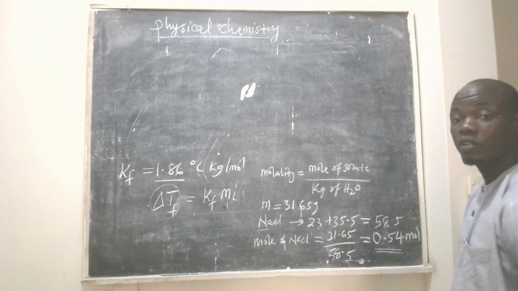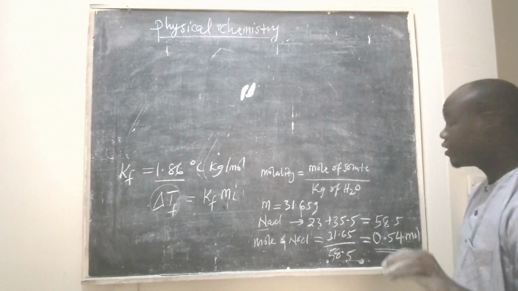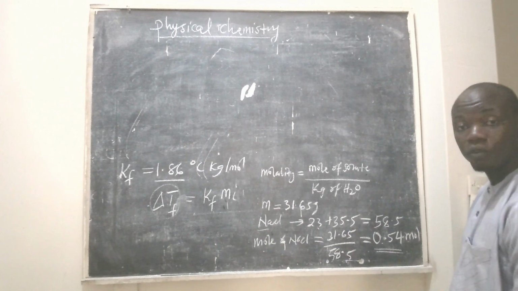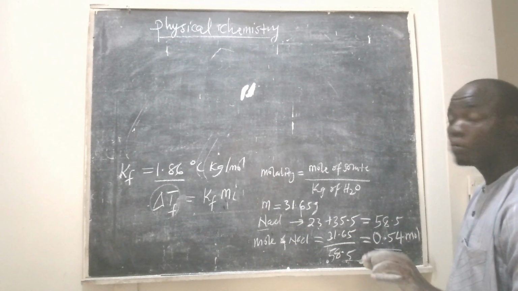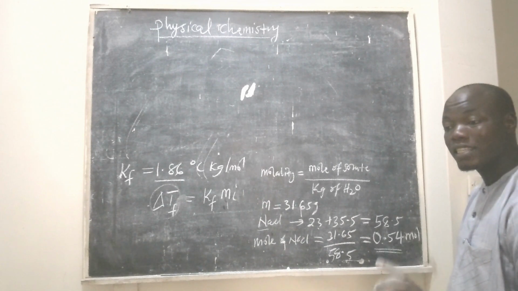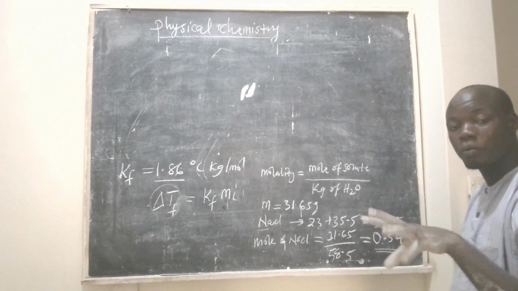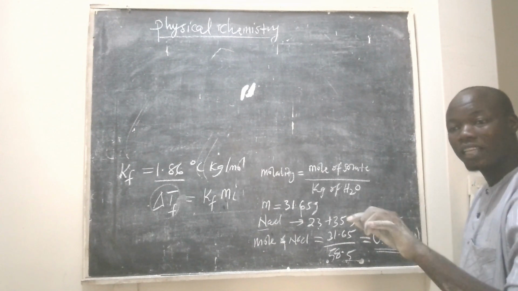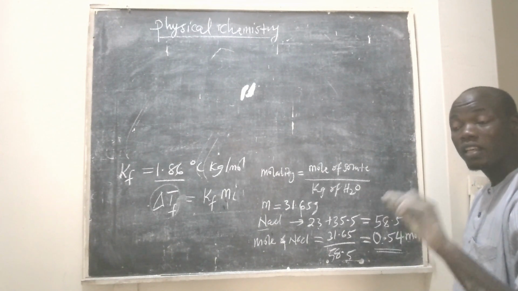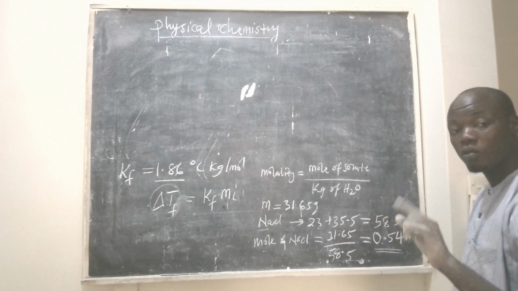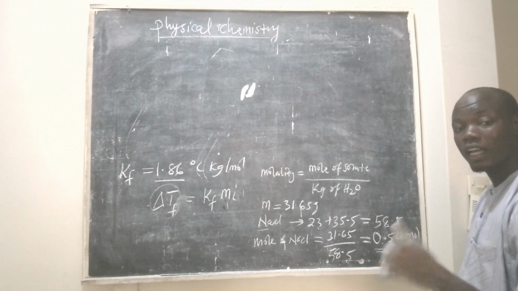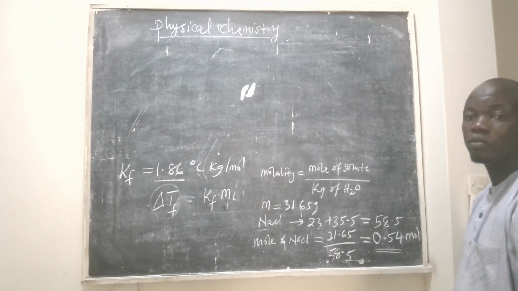But if you look at the question clearly, there is no mass of water. Rather, the volume of water is given and the density of water is also given. So you are going to use the formula: density is equal to mass over volume. We will use that to calculate the mass.